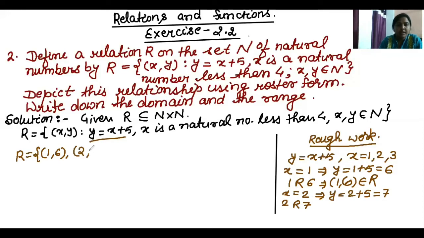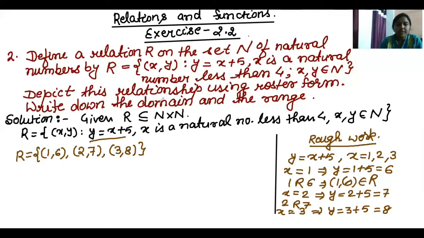Now next we will apply x equals 3. So y equals 3 plus 5, so this is here 8. So 3 and 8 both are natural numbers, so we can write here (3, 8) belongs to R. So these are the elements of R.